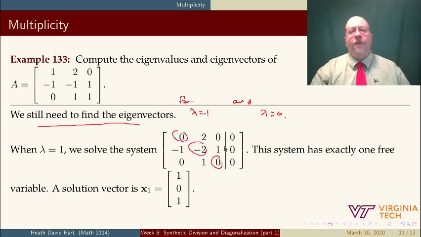All the other entries stay the same, and I augment with zeros. Subtract lambda from the diagonal. But I have a numeric value for lambda. So there's no variable at this stage, and augment with zeros.